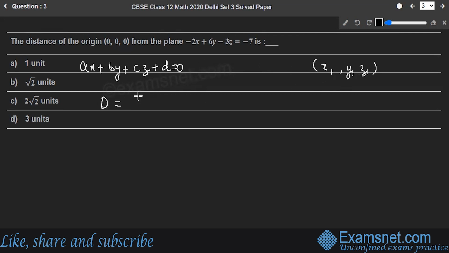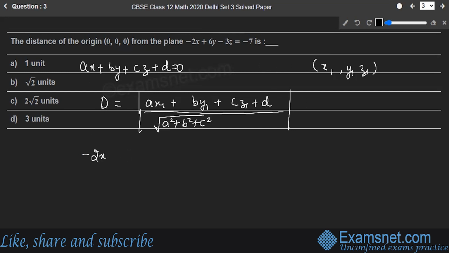Then the distance is given by the formula: the modulus of a into x1 plus b into y1 plus c into z1 plus d, whole divided by root of a square plus b square plus c square. Here the plane is minus 2x plus 6y minus 3z plus 7 equals 0, and the given point is 0, 0, 0.